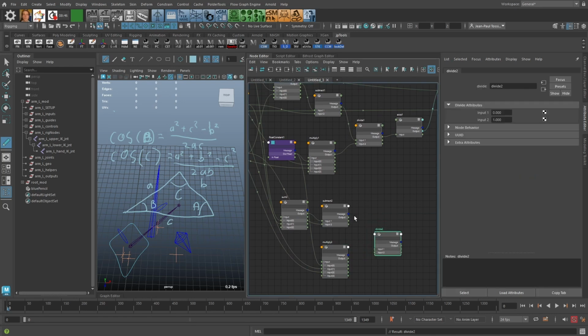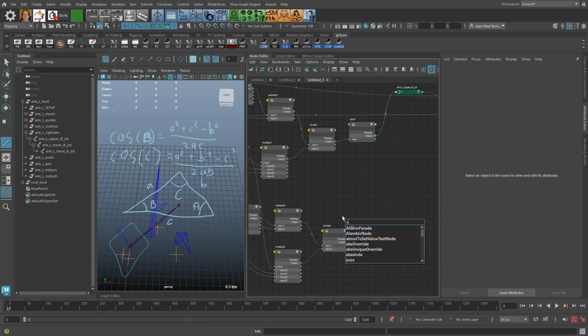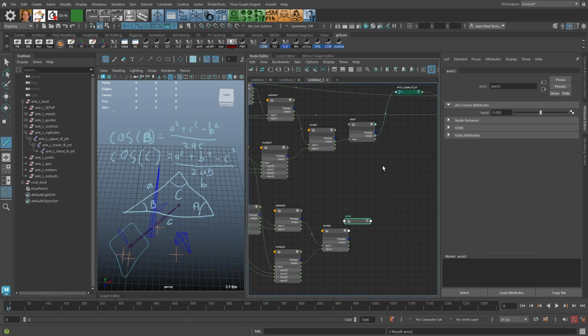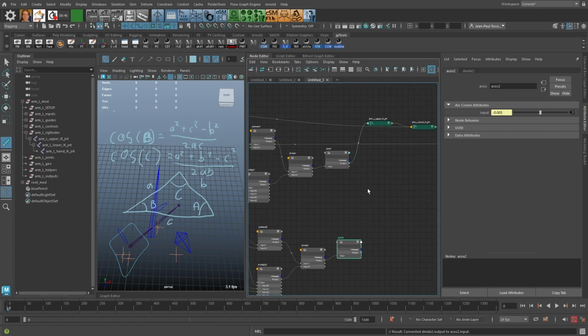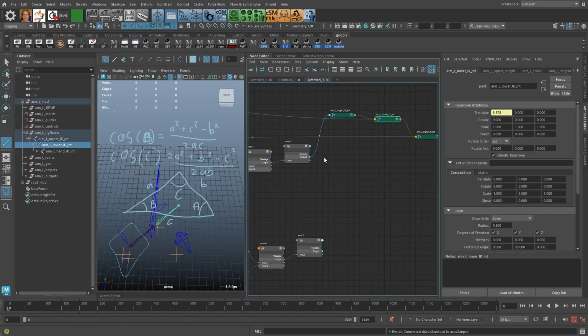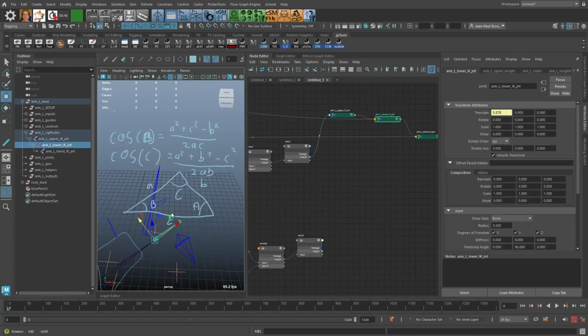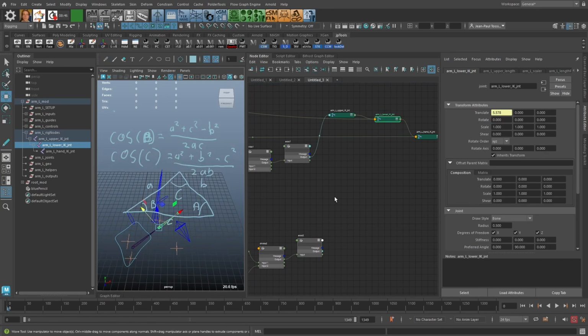So we take the numerator and then the denominator, and then we have the result of the equation. So now again we can use the arc cosine to get the angle, and here we would also use the rotate around the z-axis.